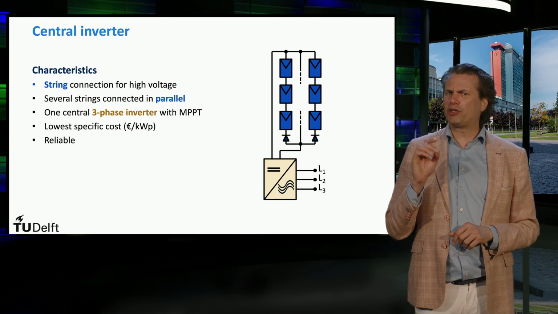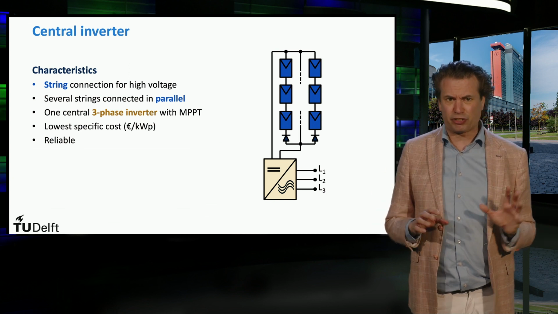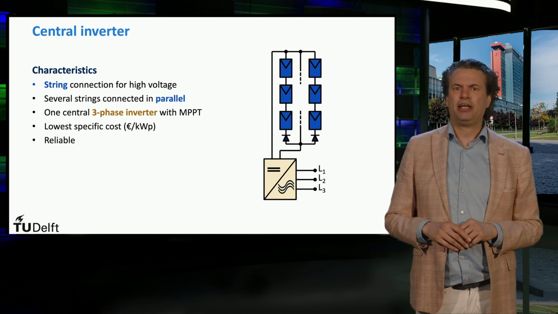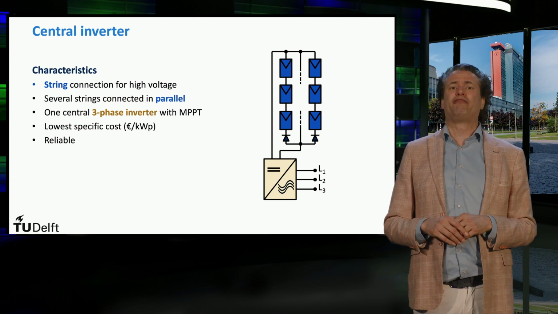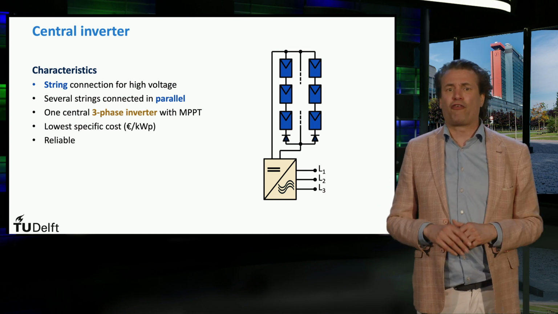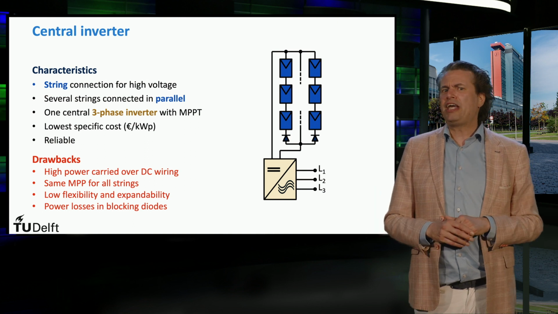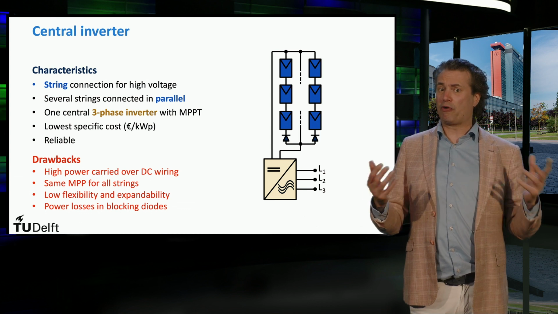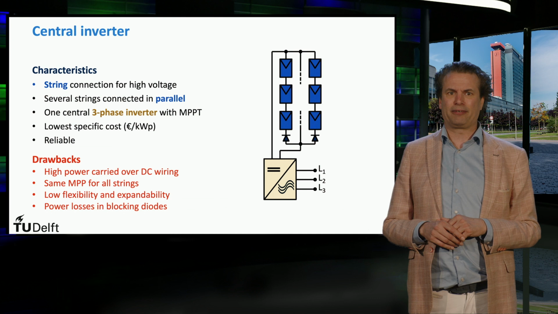And finally, it's important to notice that this is a quite established architecture, which means it is reliable enough to work for a couple of decades. In spite of their simplicity and low specific cost, central inverter systems suffer from some disadvantages. First, due to the layout of the system, a large amount of power is carried over considerable distances using DC wiring.